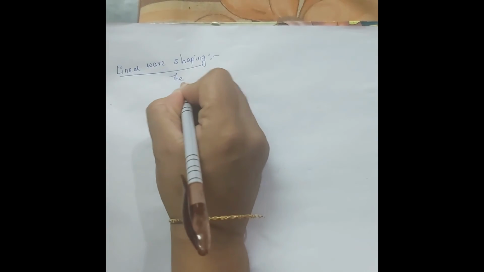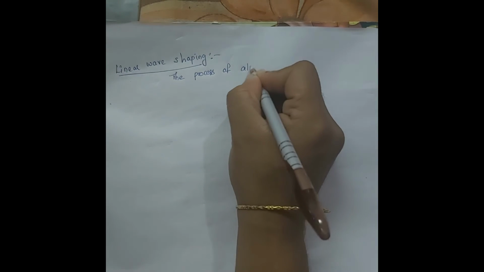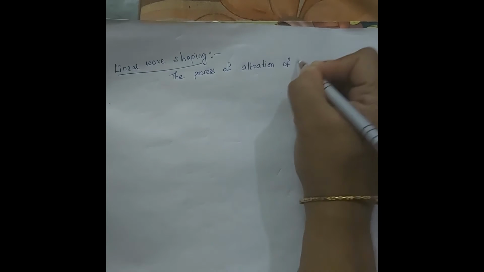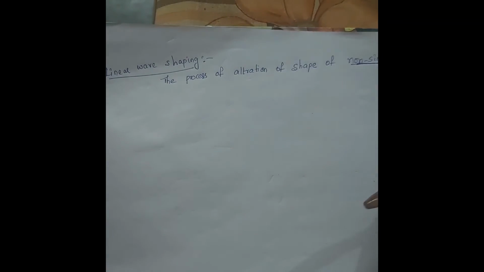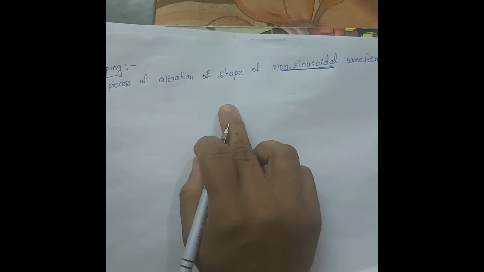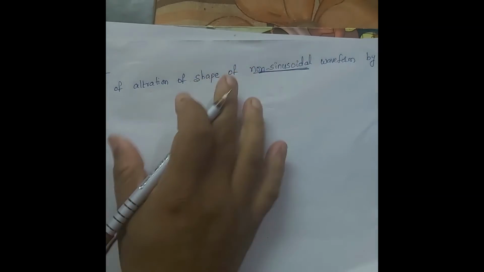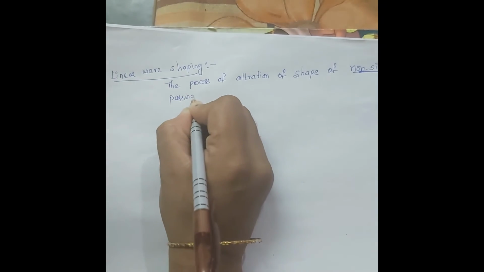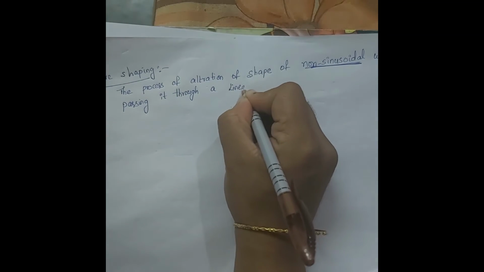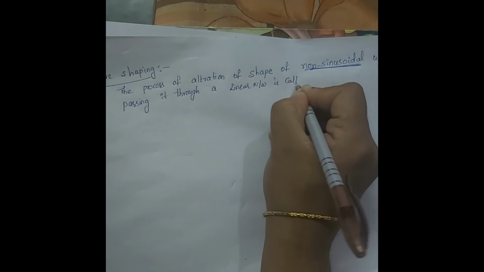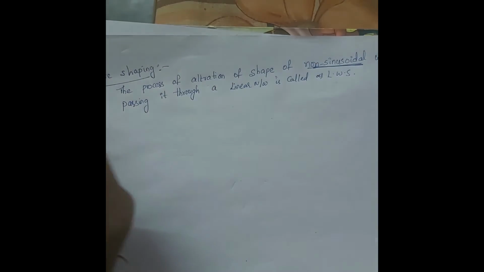What I said previously: the process of alteration of shape of non-sinusoidal waveform by passing it through a linear network is called linear wave shaping.